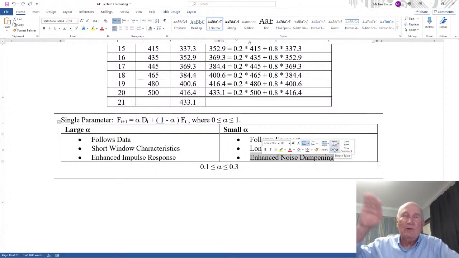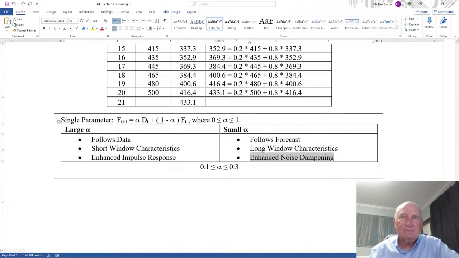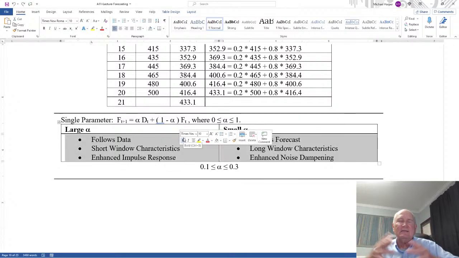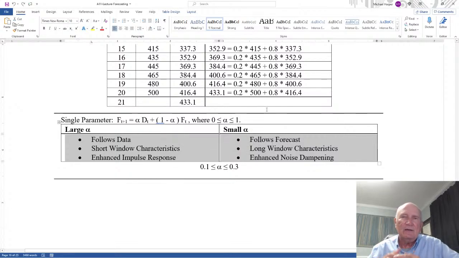But if there is an impulse, you want to follow it, okay, then you'll increase your alpha. So as you change alpha relative to your tracking signal, that's the same thing as responding to the time series. Okay, and so it's essentially the idea of automated forecasting or artificial intelligence.